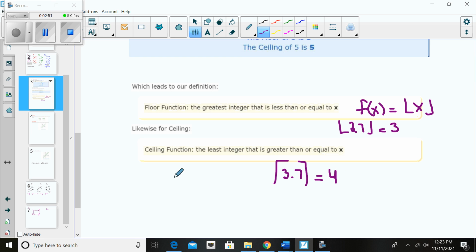Be kind of careful when you have to do a negative. The integer less than or equal to this would actually be -2, because we go to the left on the number line when we're doing less than. So be careful when it's a positive or a negative.